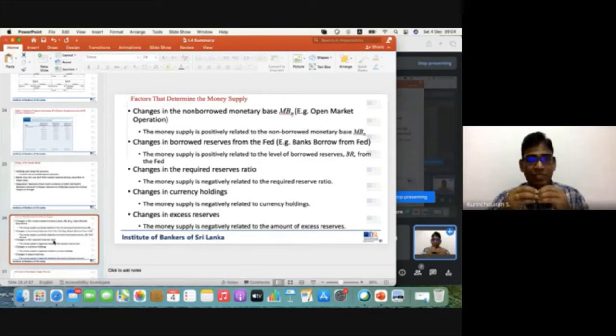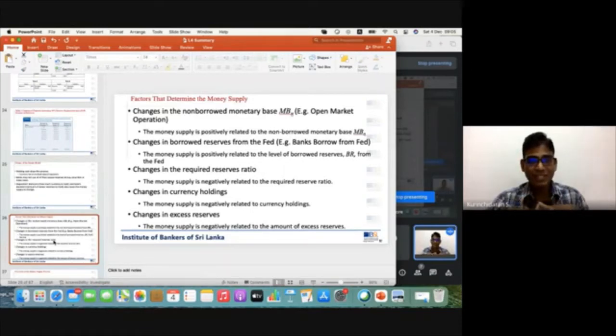Changes in borrowed reserves from the Fed. Banks can borrow reserves from the Fed, so then the money supply changes. Changes in the required reserve ratio. Now we say 10%. If the central bank says 15%, definitely the banks are going to have more reserves, so the money supply changes. Changes in the currency holding.